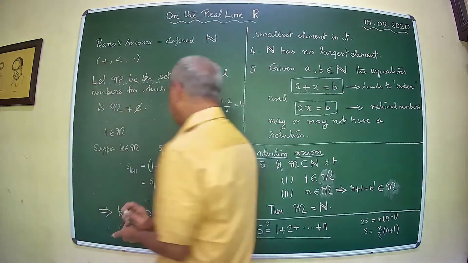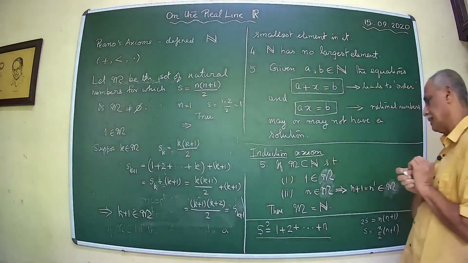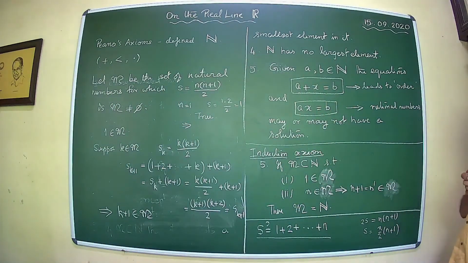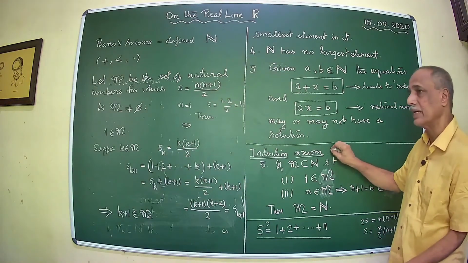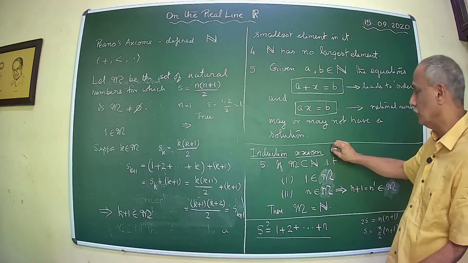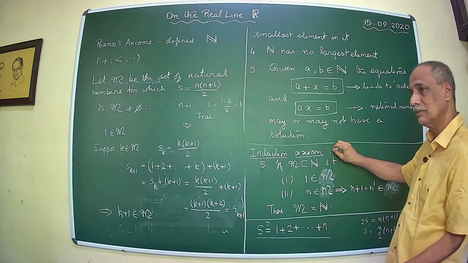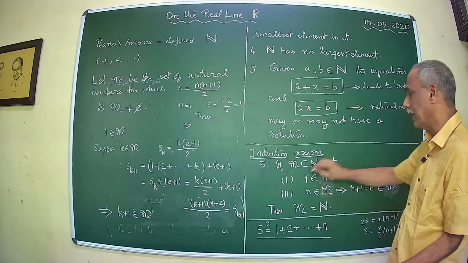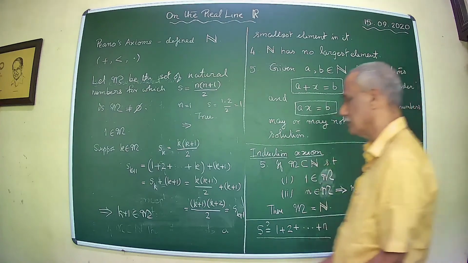So your set M has the property that 1 belongs to it, and if K belongs to it, then K plus 1 also belongs to it. Therefore, by the induction axiom, which defines the natural numbers, M has to be the whole of N.